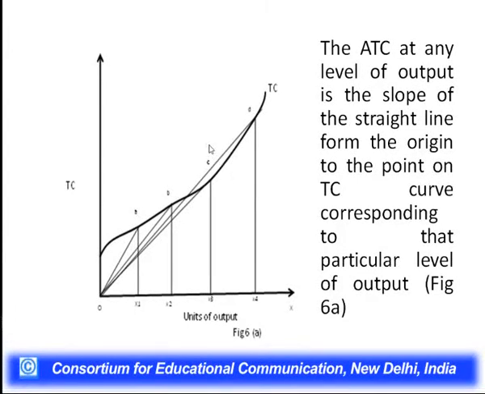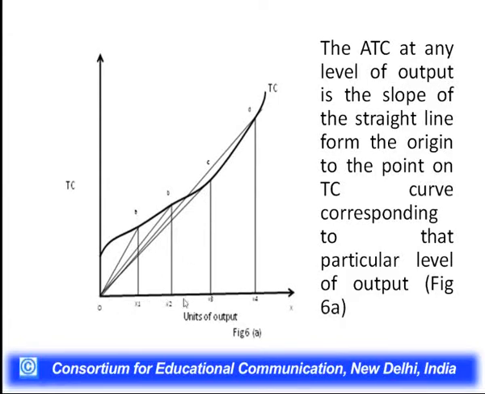And the combination of AFC plus AVC is average cost, or even from total cost we can again derive the ATC by finding the slope of the line passing from the origin and touching any point on TC at some particular level of output. So these different lines have been drawn, and the slope of these lines tells you what is the average cost of production.